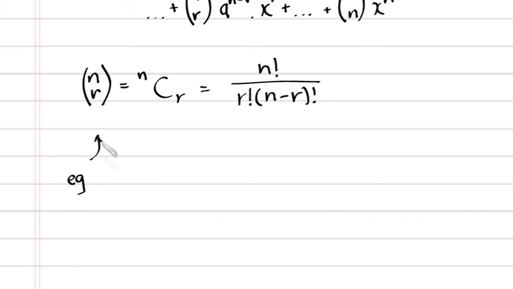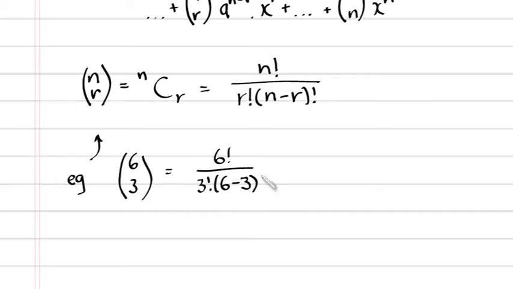Let's have a look at an example of nCr, the ways we can choose r objects from n. In this example we're going to use 6 choose 3. And that can be written as 6 factorial over 3 factorial times 6 minus 3 factorial.